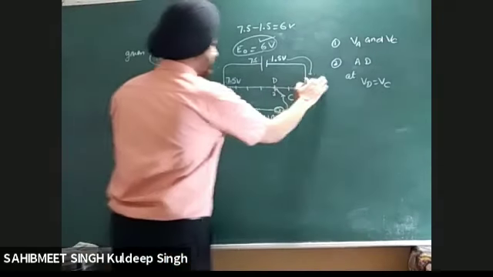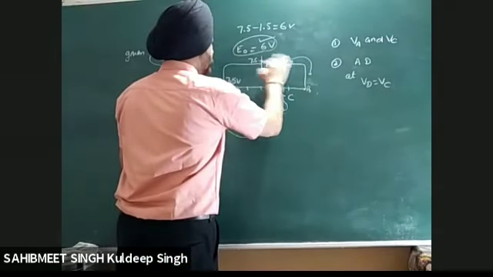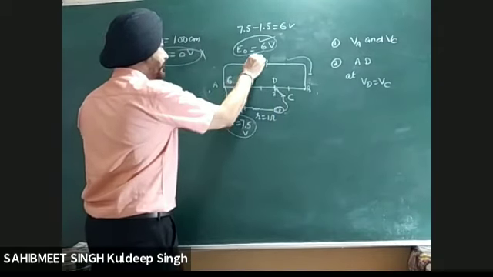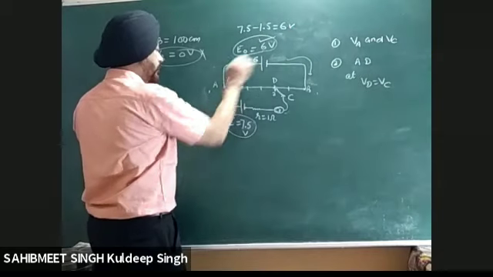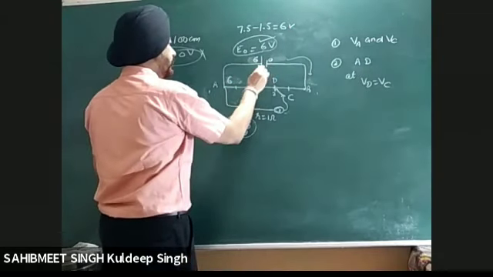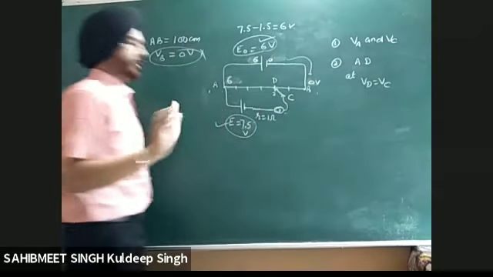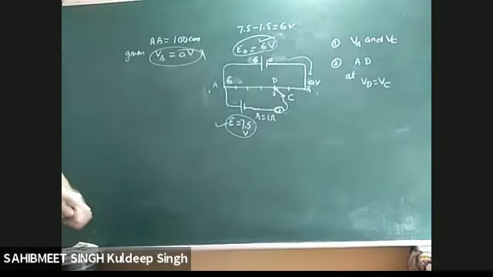It means I have to assign 6 volt here. So this 6 goes to this point and 0. The difference is equal to 6 and this remains at 0 volt. Now it is okay as per the requirement, as per the given data in the numerical.